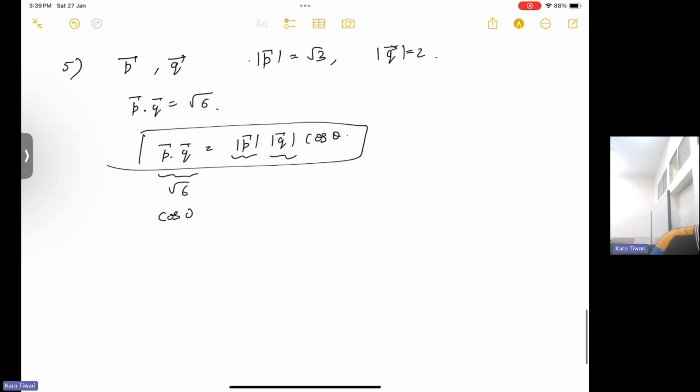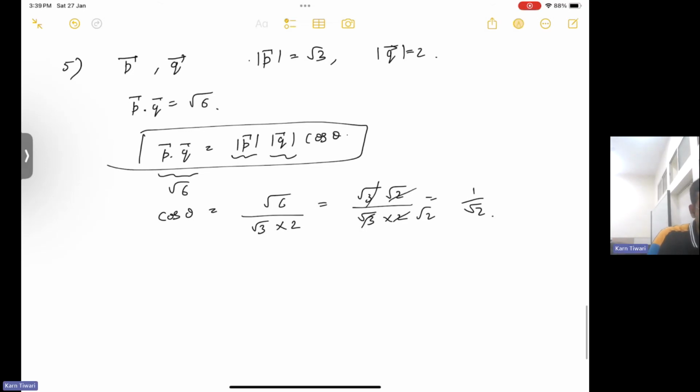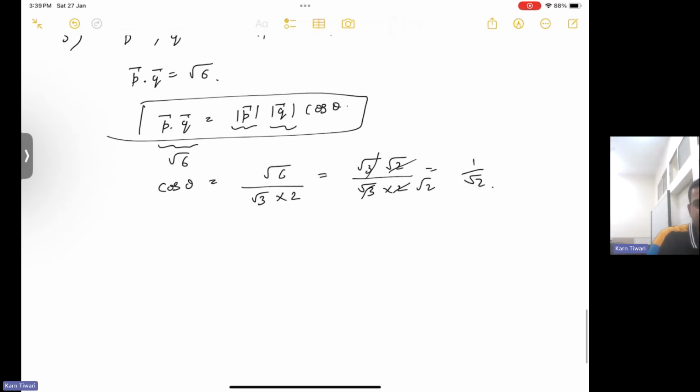So the cos theta, you can write as √6 divided by √3 times 2. So basically √6 you can decompose as √3 √2, divided by √3 times 2, which is 1 by √2. So for what angle do you get cos theta as 1 by √2? It's simply 45 degrees.